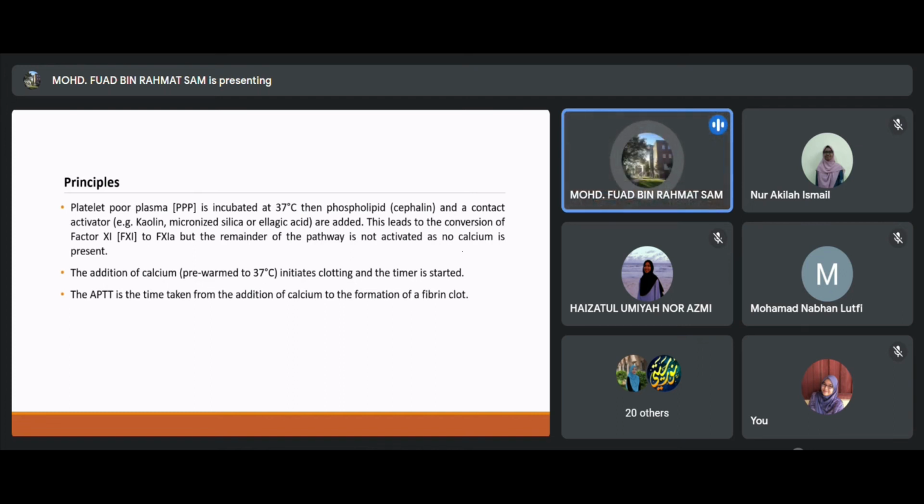So APTT is the same. We measure the APTT from when we add the calcium until the formation of the fibrin clot. At that time we measure the APTT time. The unit we use is seconds.